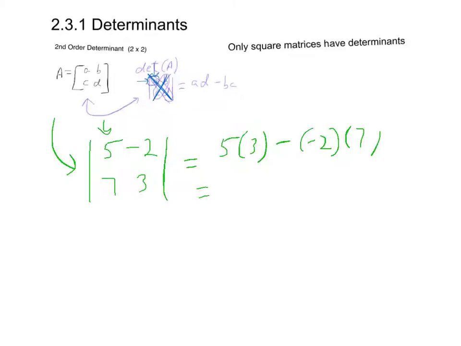And the determinant doesn't give us another matrix. It gives us an actual value. We'll talk about what that value means probably tomorrow, but right now let's just figure out how to solve these things. That's going to give us a 15, that's a minus 14, which is plus, which gives us a value of 29. So the determinant of this matrix is 29.